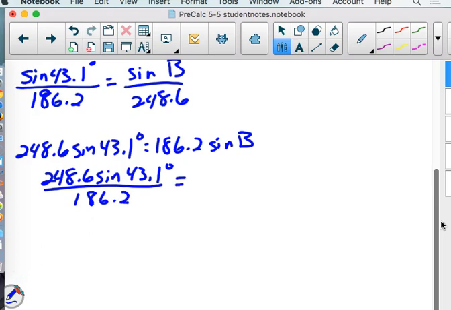What are we going to do to that so we can figure out the measure? Yeah, we have to do that inverse sine.